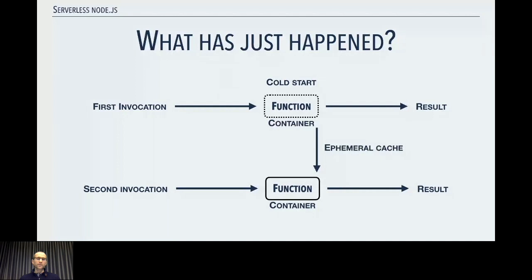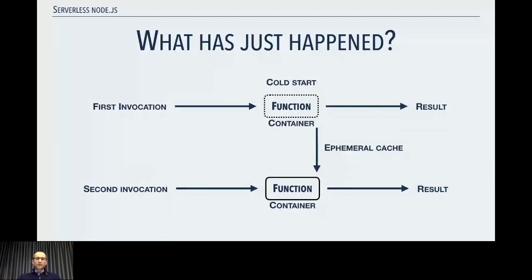So you can make some complex computations in one invocation, cache them and reuse them in another, but you always need to check if there's actually anything in that cache, because that cache is ephemeral. It might get removed as well. But having that included in your code might help you get faster times and lower costs.